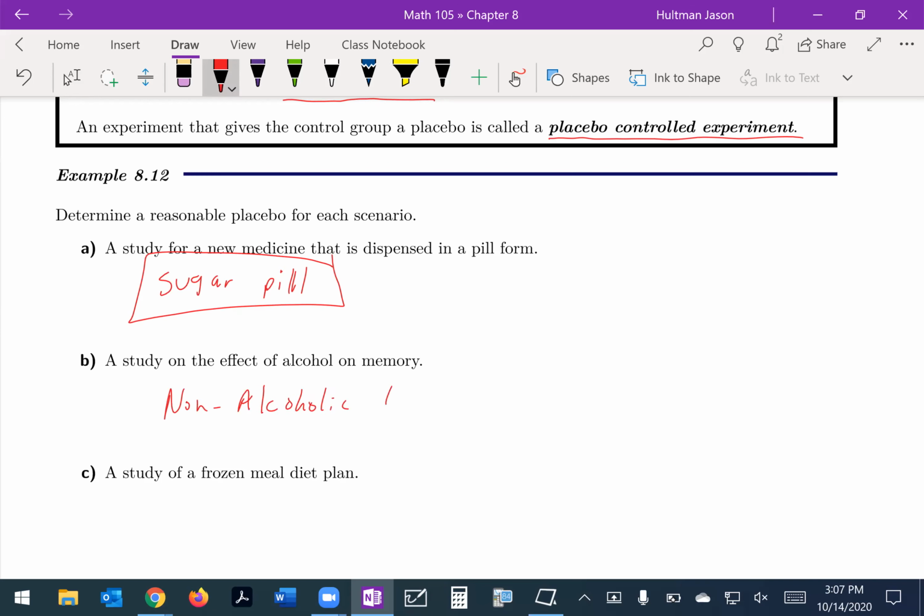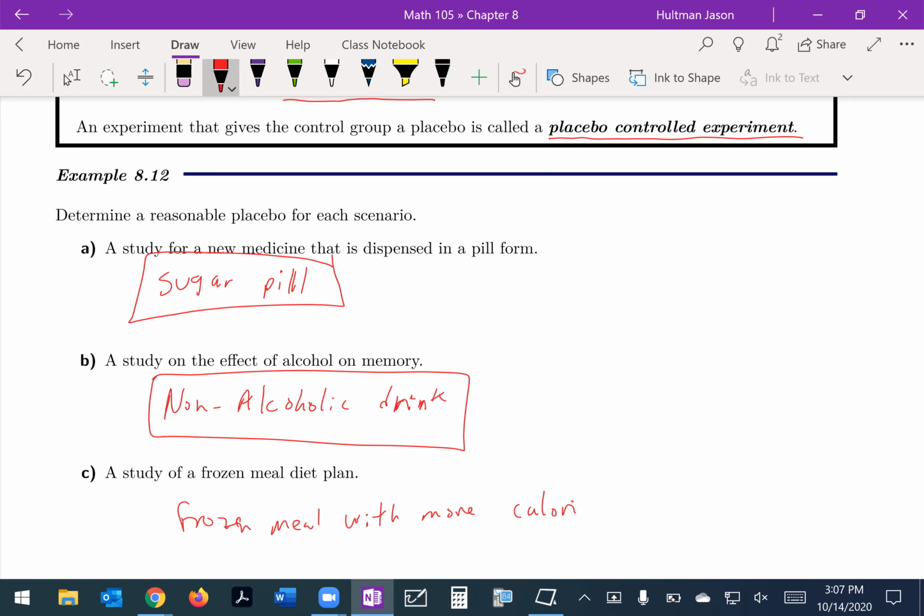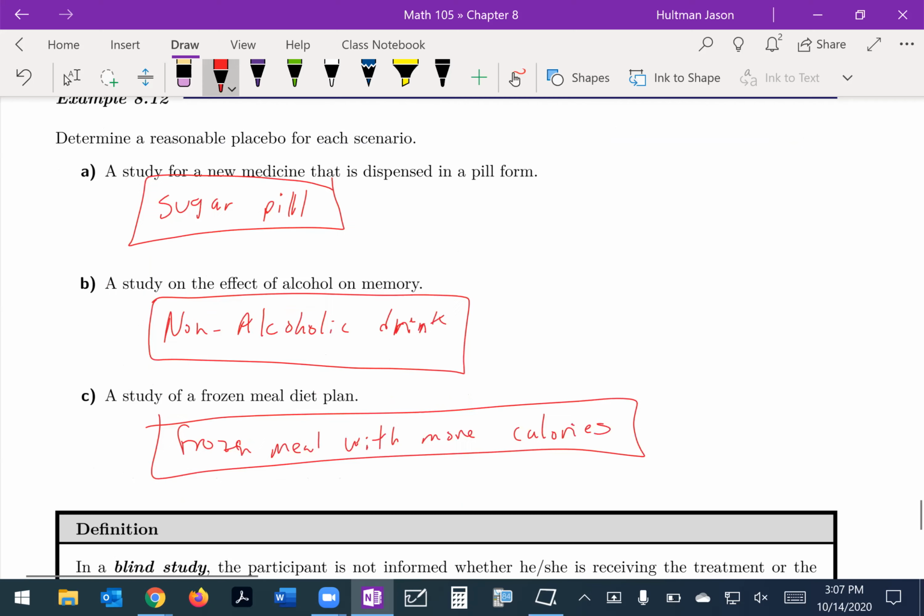A frozen meal diet plan. How about a frozen meal with more calories? That's your placebo.